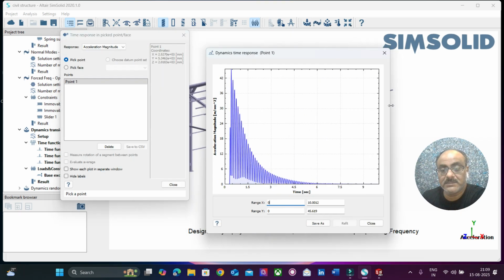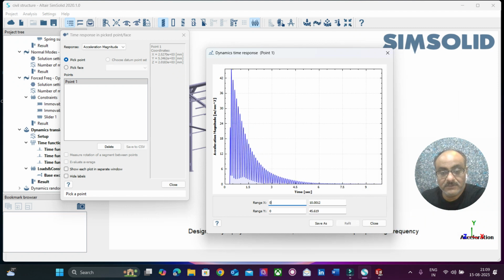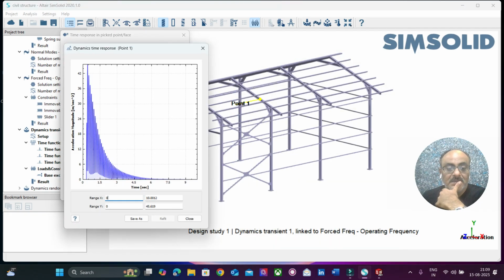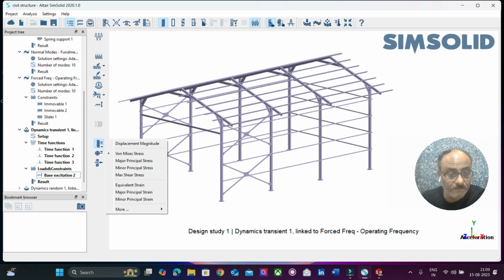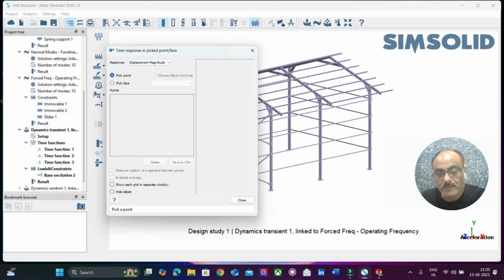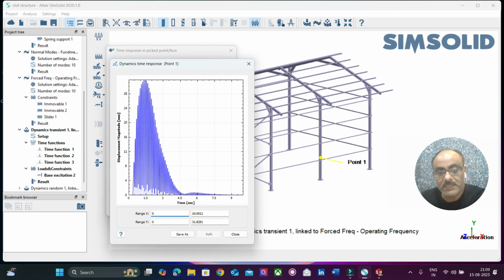This is how the acceleration comes. So it will excite to the maximum, then it will dampen down. So it will dampen and it will go to zero because we are giving a modal damping factor. Okay, so this is how the structures can respond.